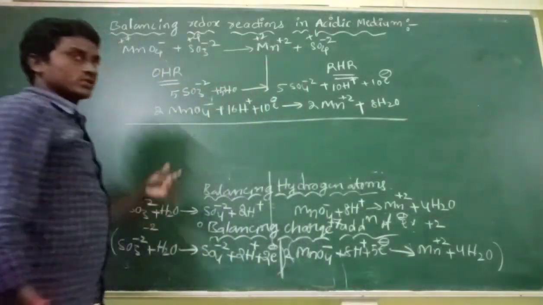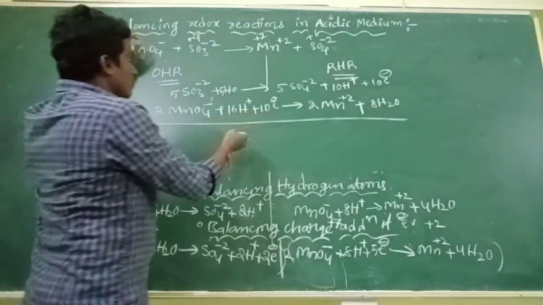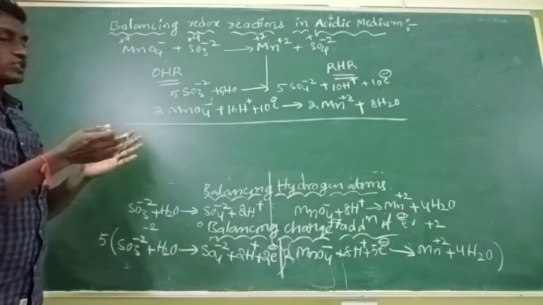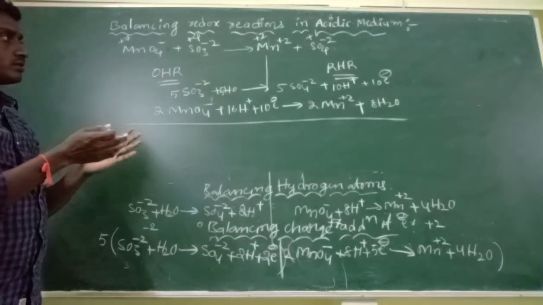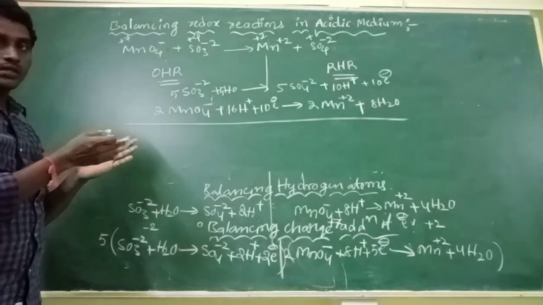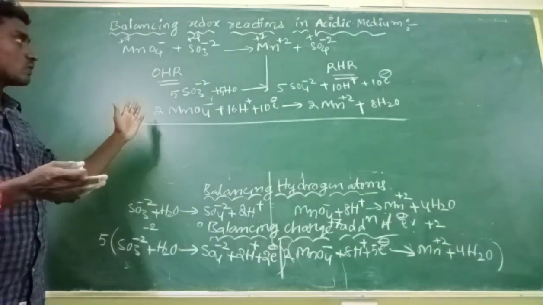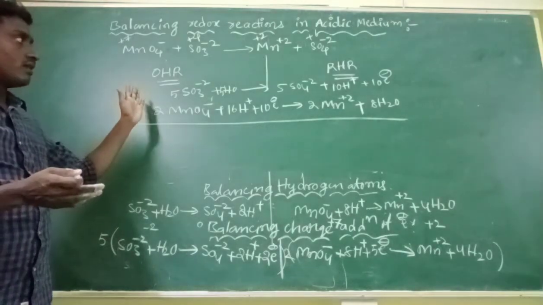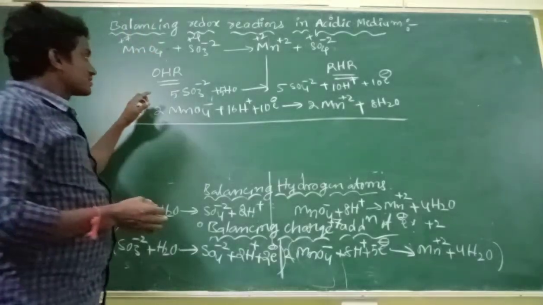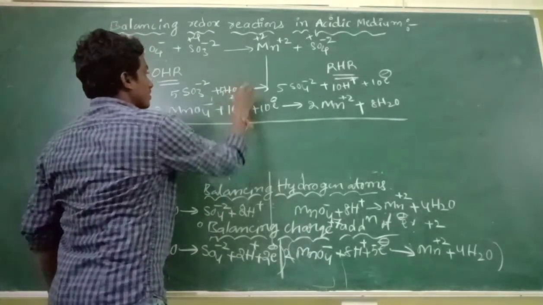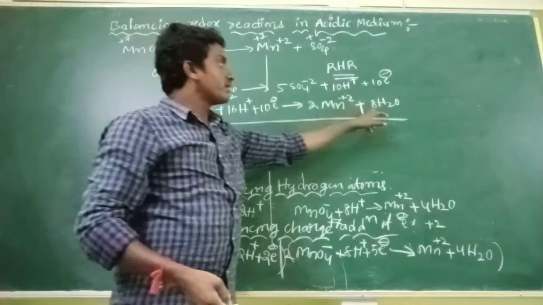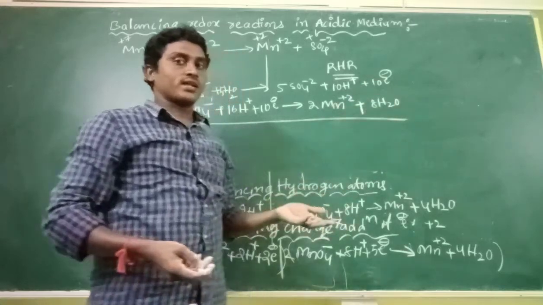Now add both reactions here. If any molecules, electrons or H plus ions are present on the left side and right side of the reaction, they cancel each other. For example, here 5H2O molecules are on the left side of the reaction and 8H2O molecules are on the right side.